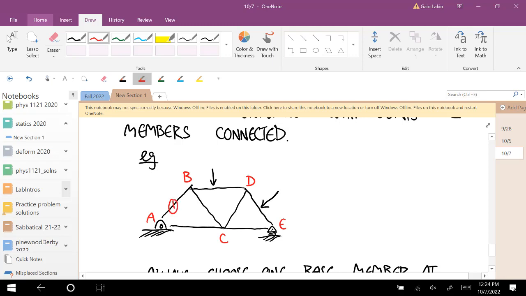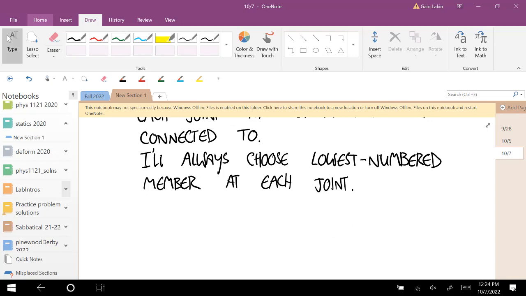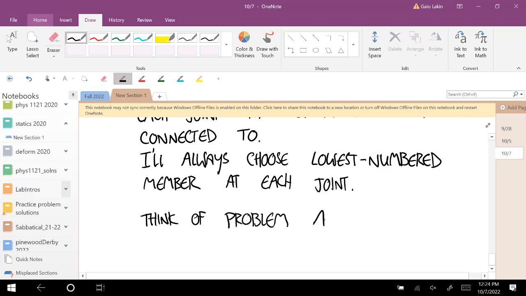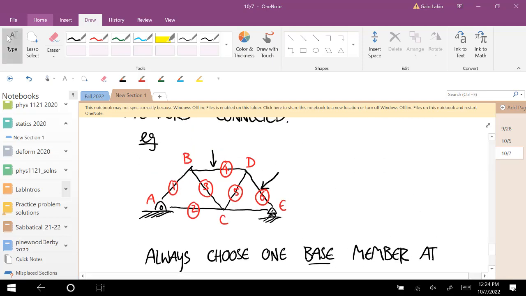I'm going to call this 1, 2, 3, 4, 5, 6. Okay. And I'm going to redraw this. So think of this problem as, okay, so for joint A, I'm going to think of 1 as the base member.